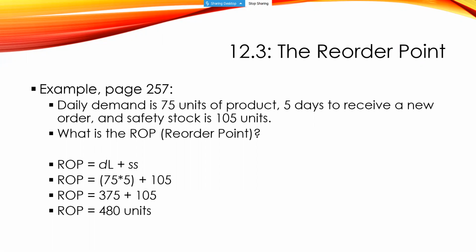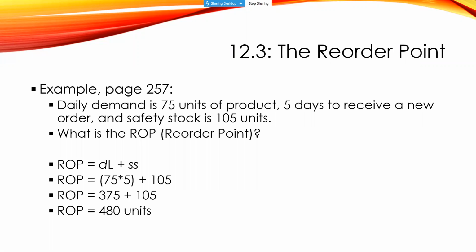Yeah, so example of reorder points. I have a company that has daily demand that's 75 units of product. Takes 5 days to get an order. And we want to have a cushion of 105 units in our inventory.